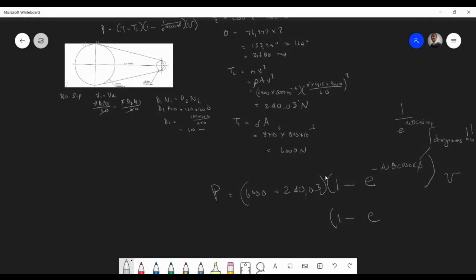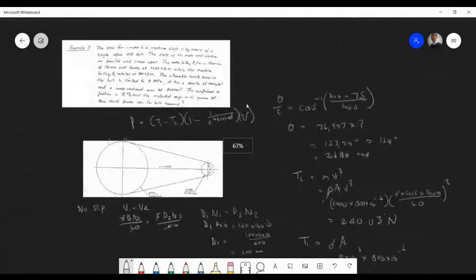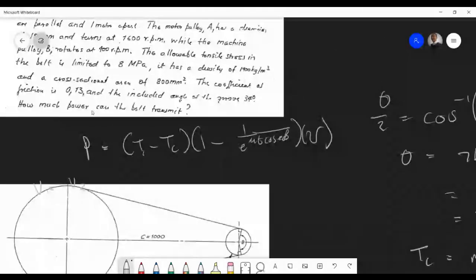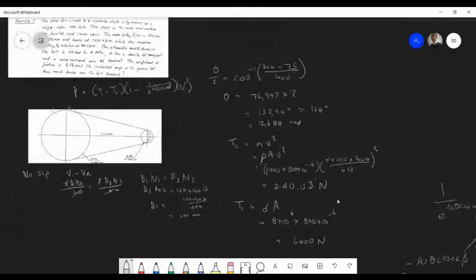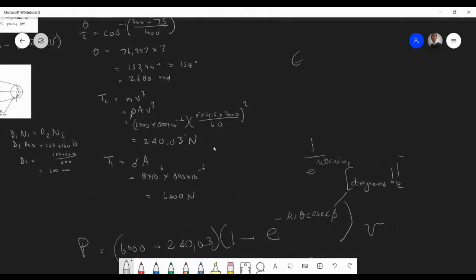That's one thing I cannot answer you why, but for us to get it right, that must be in degrees, right? So coefficient of friction is 0.13. Angle of lap is still 2.688. And our groove angle, right? What I tell you, if you see a groove angle, the included groove angle, you have to divide by 2, and therefore it will become 17. So groove angle, always divide the included groove angle by 2.